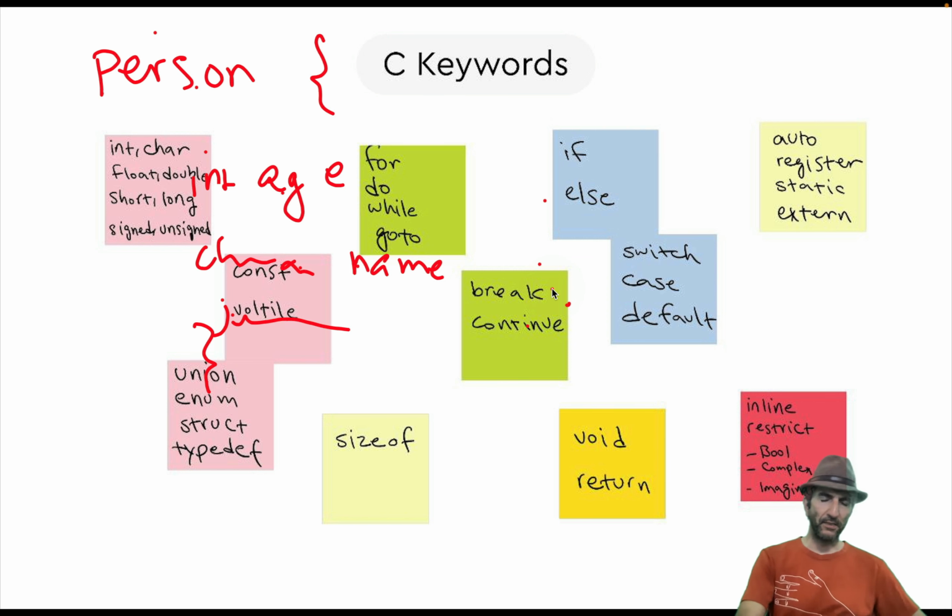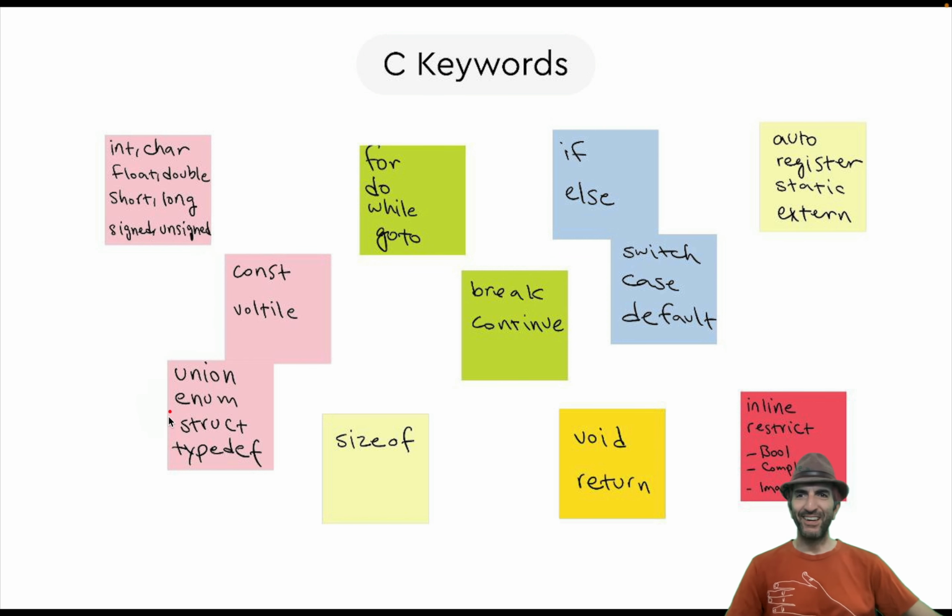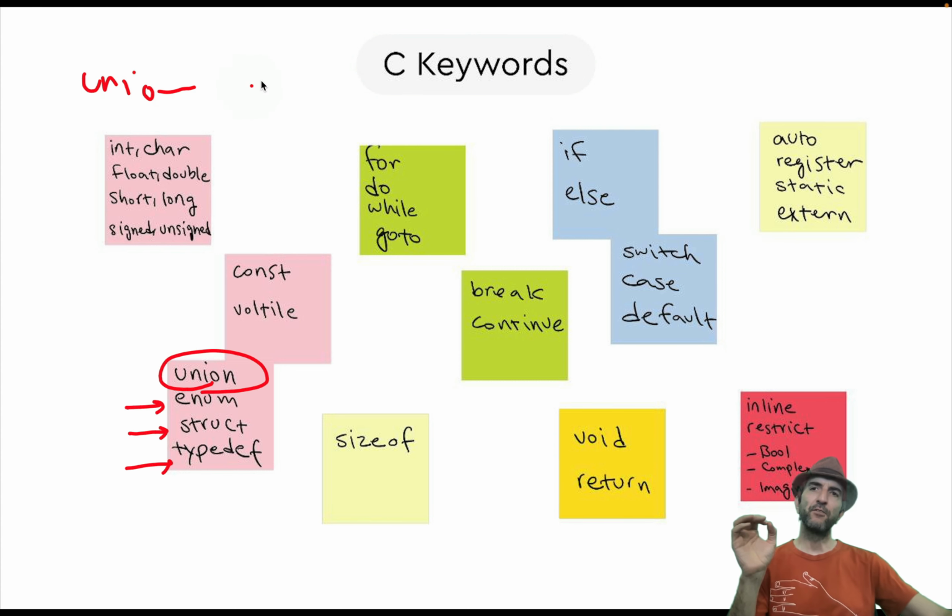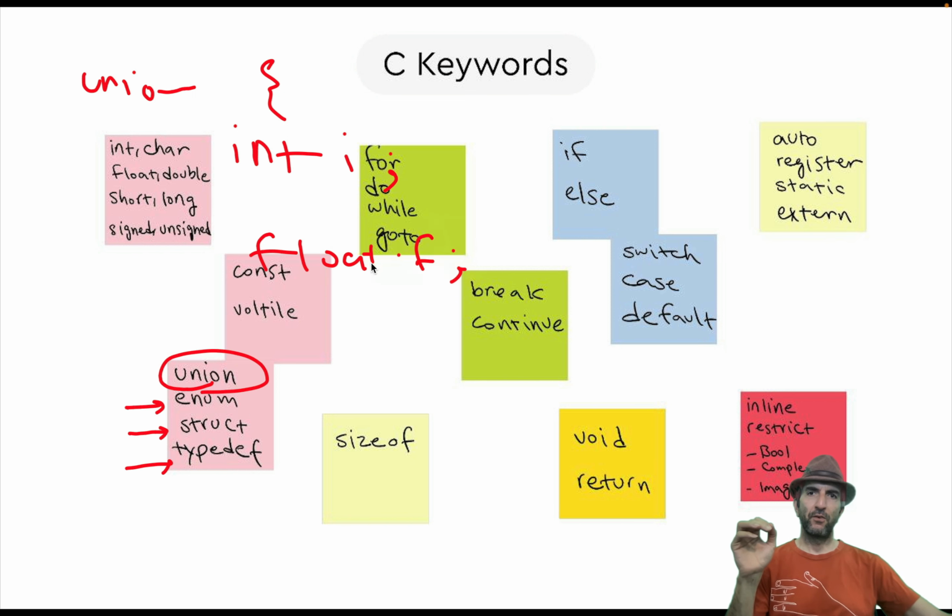This is so fun. Anyway, so you know struct, you know typedef, you know enum. Let's go for union. Union kind of looks like struct at first glance. You create a union, give it a name, and then you say int i, float f.